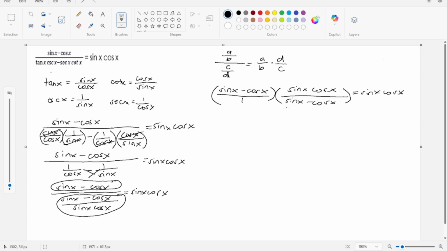So, as you can see, may makakancel na ulit dyan. And, yan, na-prove na natin. Sine x cos x is equal to sine x cos x.